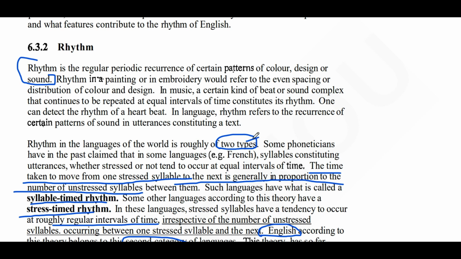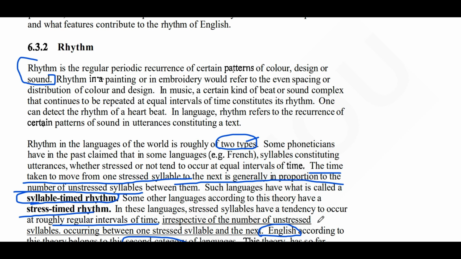Rhythm is roughly of two types. The first type which they talk about is syllable-timed rhythm, which is generally in proportion to the number of unstressed syllables between them. These kinds of languages would be called syllable-timed rhythm. English is not one of these languages for sure. And then we have the second type, which is stress-timed rhythm. In these languages, stressed syllables have a tendency to occur at roughly regular intervals of time, irrespective of the number of unstressed syllables.